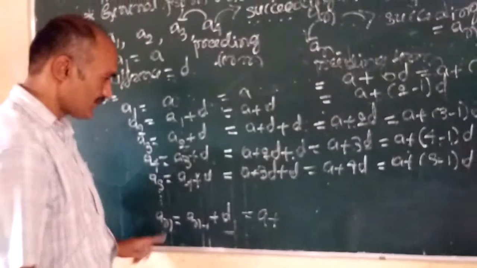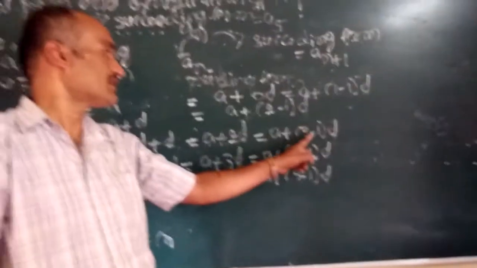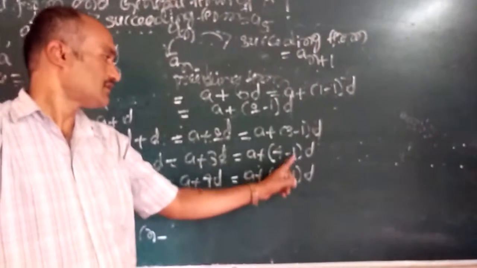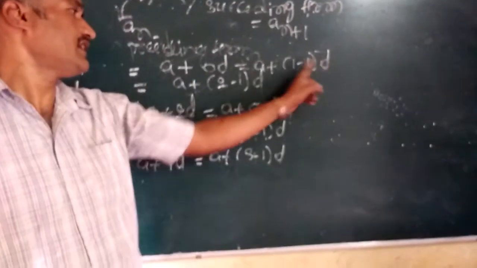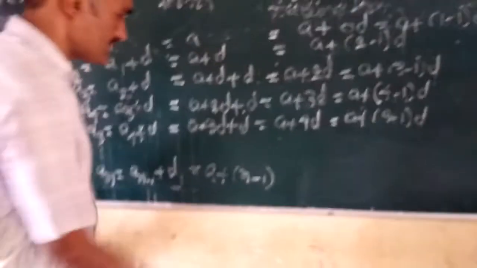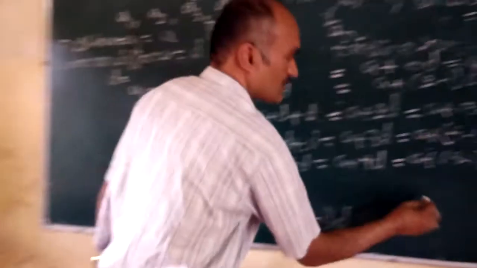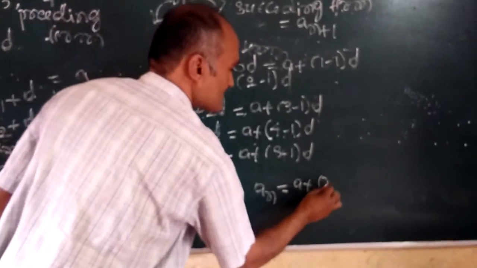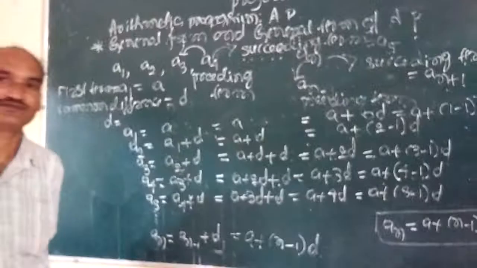So in the nth term n should be. In all the terms minus is there, so in the nth term also minus should be. In all the terms 1 is there, so in the nth term also 1 should be. And the common difference D is everywhere. So here also the common difference should be. This is the nth term. So the nth term of the arithmetic progression An is equal to A plus n minus 1 into D. This is what we call the nth term.